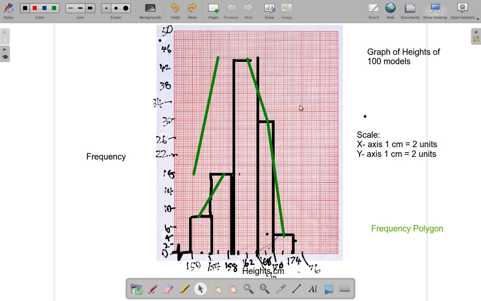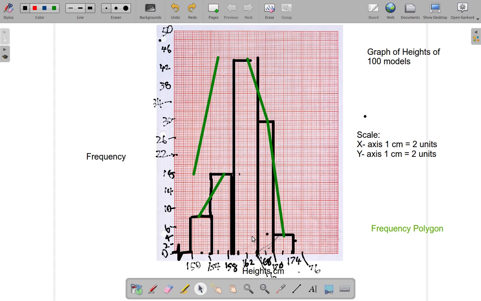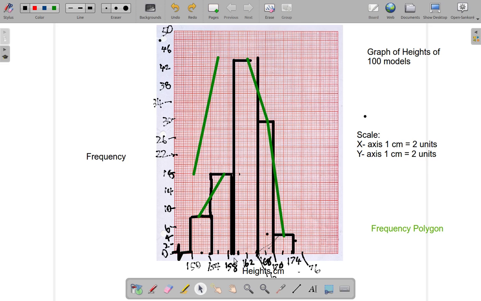So 155 to 159, just to the right of 158. 160 to 164. So 160 about here to 164.